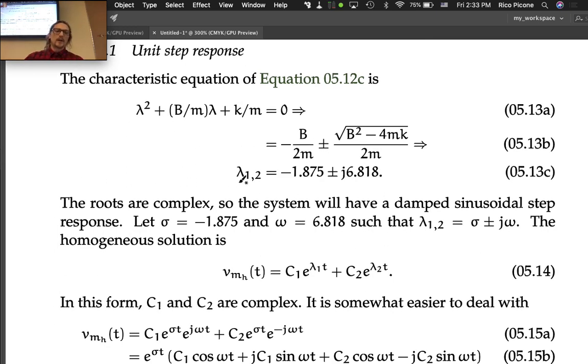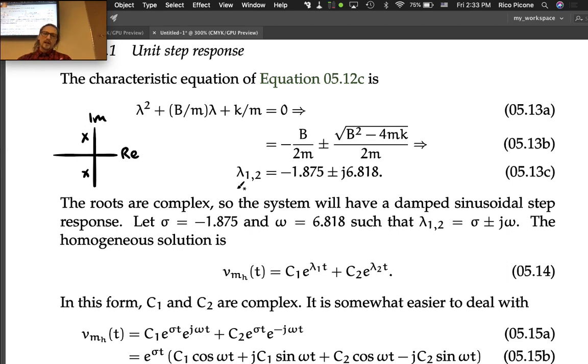And if we're going to think about this in terms of the complex plane, where this is the real part and this is the imaginary part, we've got one of them showing up here and one of them showing up here, right? That's where they are in the complex plane. So for the system, we're expecting to have a damped sinusoidal step response.